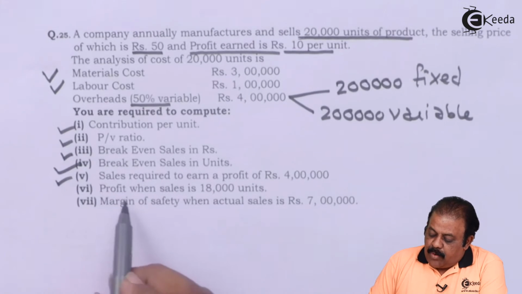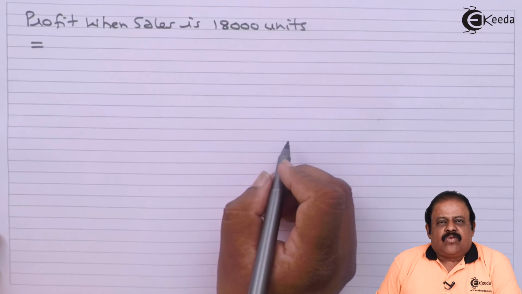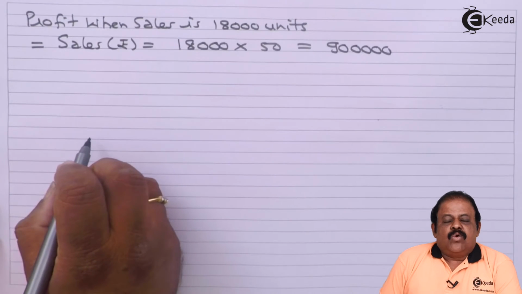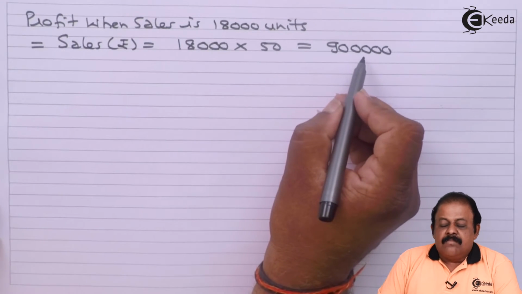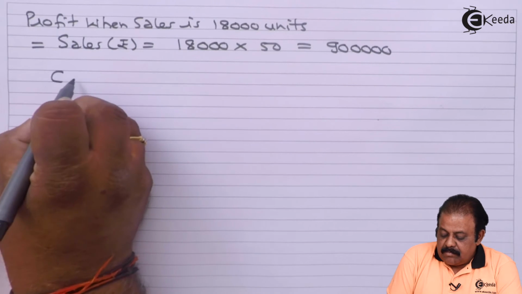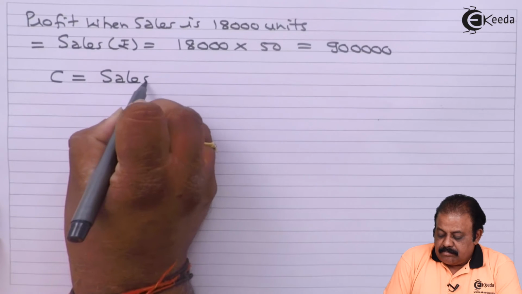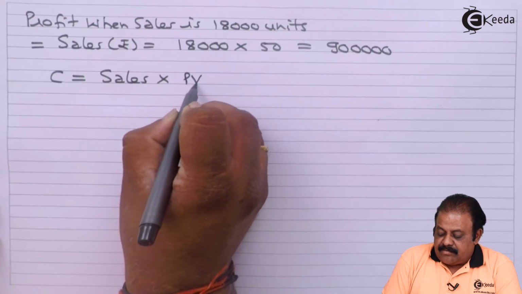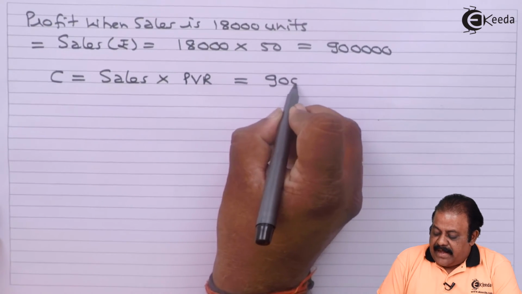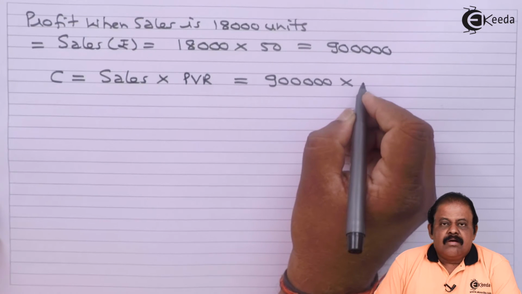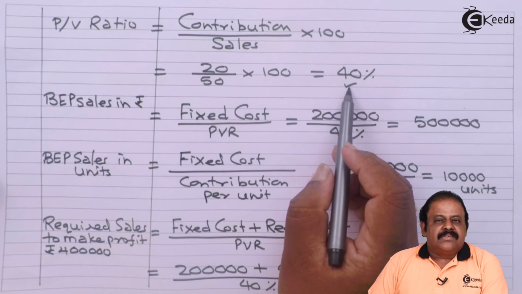Further they say profit when sales is 18,000 units. In this case we can calculate the total sales amount. 18,000 units sold at rupees 50 comes to 9 lakhs. We can find contribution, which is equal to sales multiplied by profit volume ratio. Sales we have 9 lakhs. PVR we have calculated as 40%.